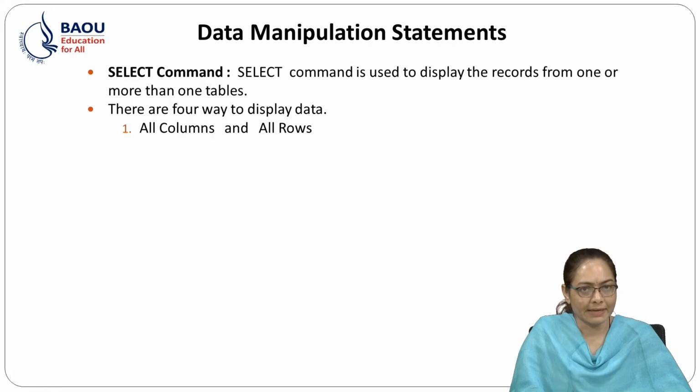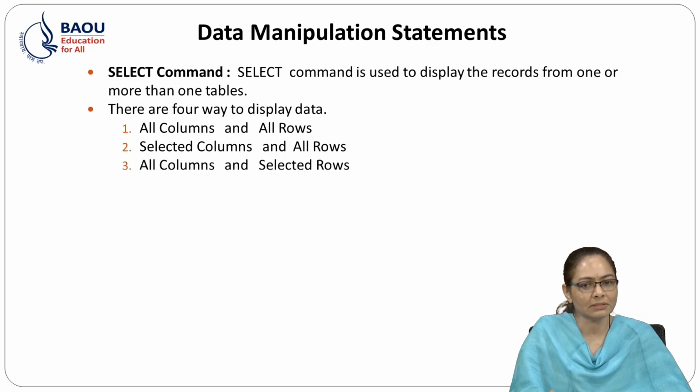We write the select command which is used to display all the columns and all the rows. Now the second way is selected columns and all the rows. Third, the select command is used to display all the columns and selected rows. And the fourth way is to display the selected columns and selected rows.